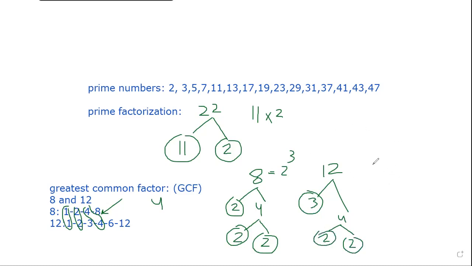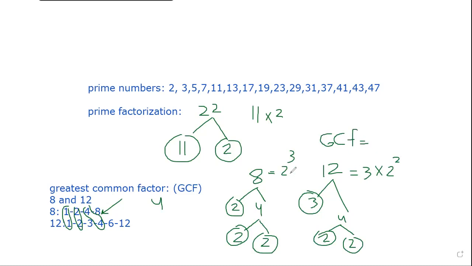Now, I write 12 as 3 multiply 2 power 2, because we have two 2's. Now, for the GCF using this way, we take only the common factors.